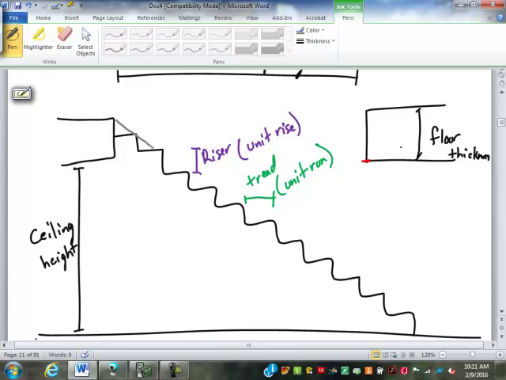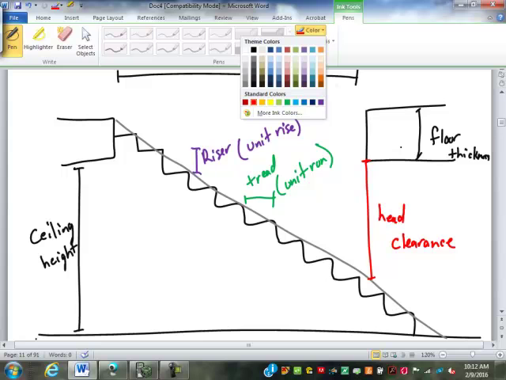But there's a plane that goes from nose of step to nose of step like this. And that head clearance is measured to wherever a plumb bob hung from that edge of that stair opening would touch that line of sight. Head clearance. Sometimes it's just called the clearance.